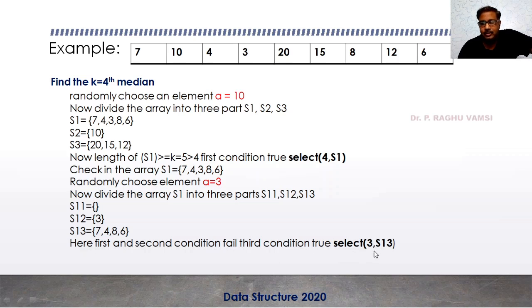So 3, and you are supposed to apply it on S13. That means this particular subarray should be placed here. Now repeatedly again select a random number from the subset S13.